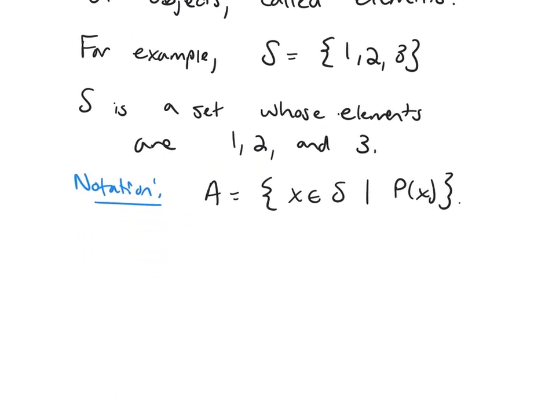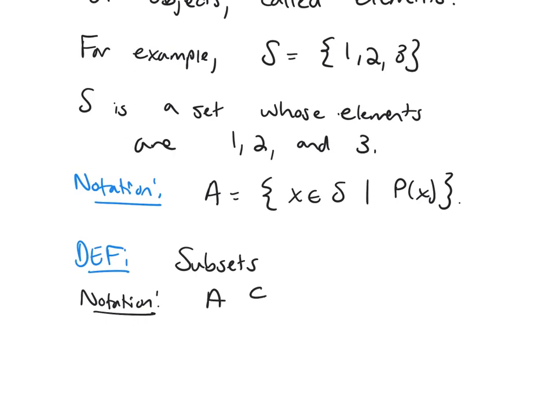So now that we know what a set is, let's talk about what subsets are. We're going to define subsets, and the notation that gets used here is almost like a less than sign, but curved.